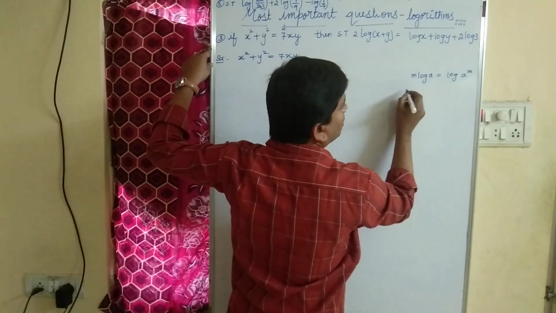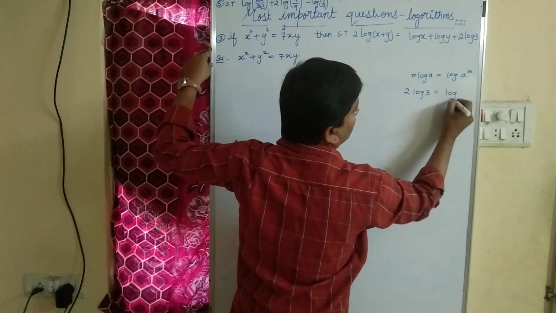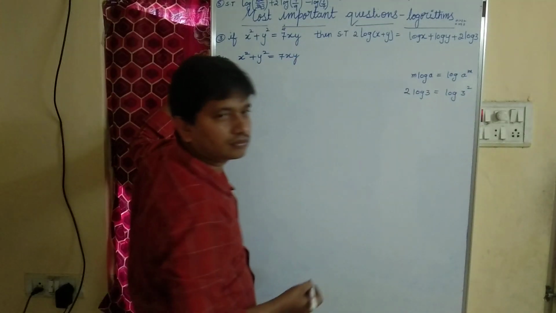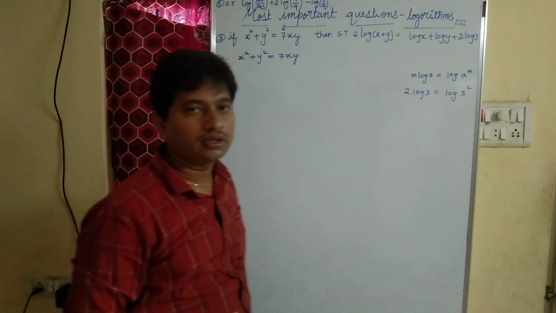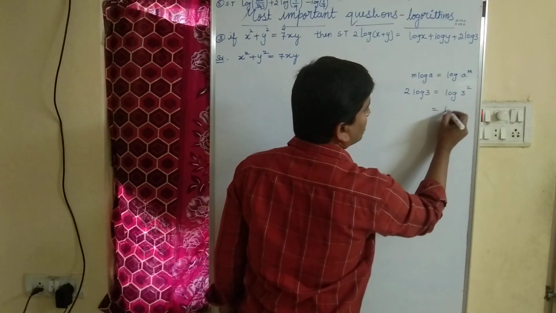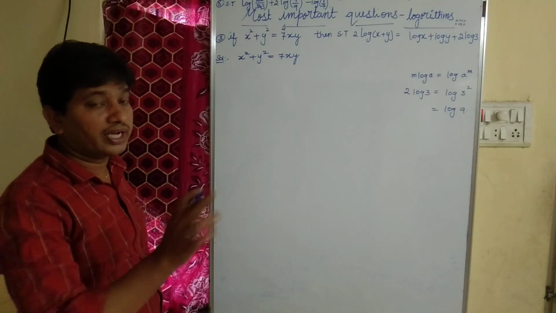Here we have 2 log 3. 2 log 3 we can write as log 3 square. 3 square in the sense how much children? 3 square value how much? 9, right? 3 square value 9.